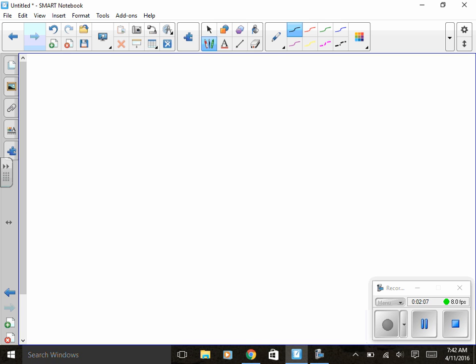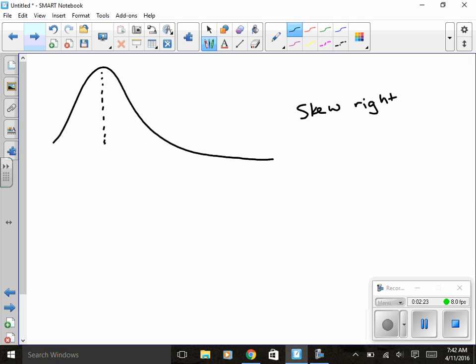The next thing I want to talk to you guys about is when I'm looking at a distribution and it's skewed. Okay, so this one we know is skew right. And I want to talk to you guys about the central measures of tendency. If you have a skew right graph, your highest point is going to be your mode.